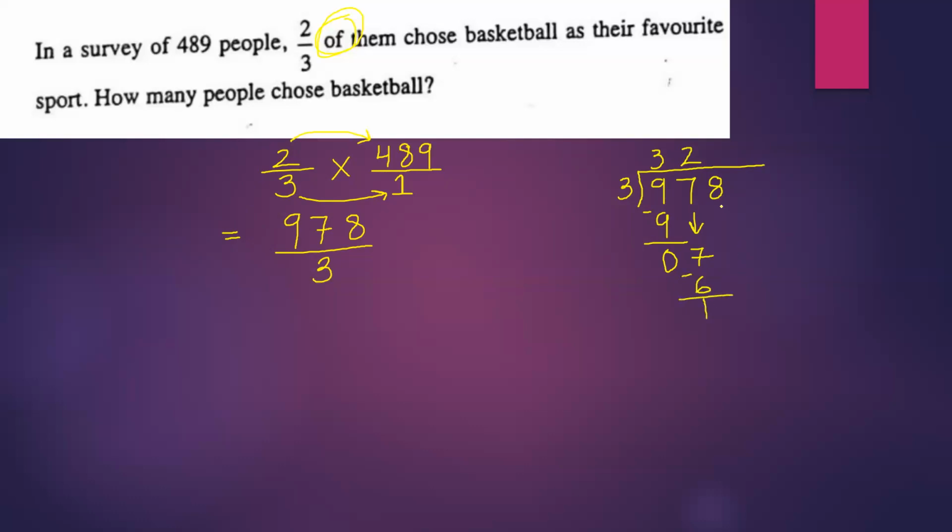Bring down the 8. How many times does 3 go into 18? 6 times. Very good. 3 times 6 is 18. And 18 minus 18 is 0.